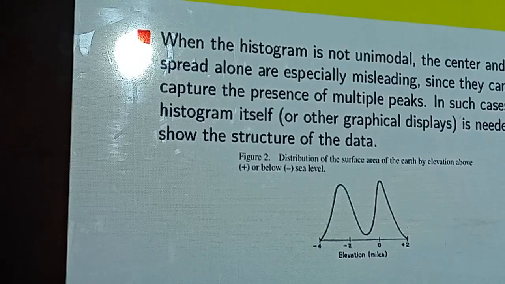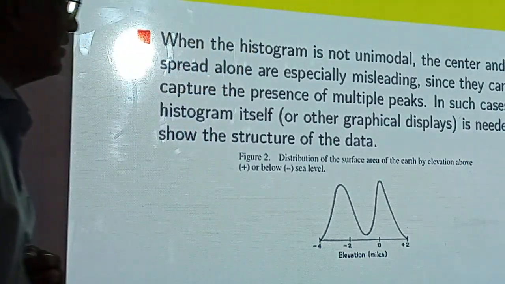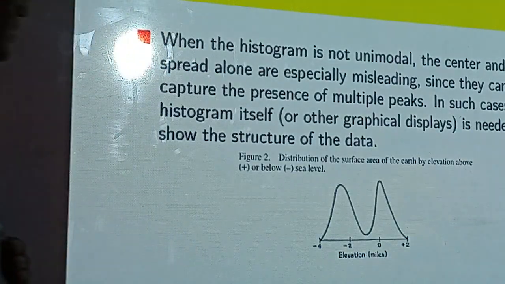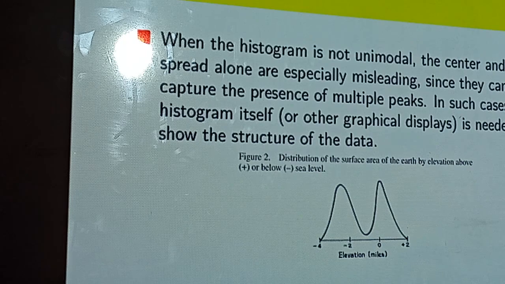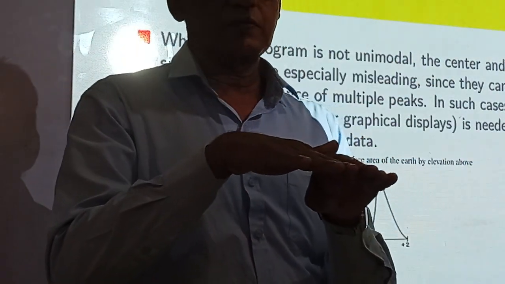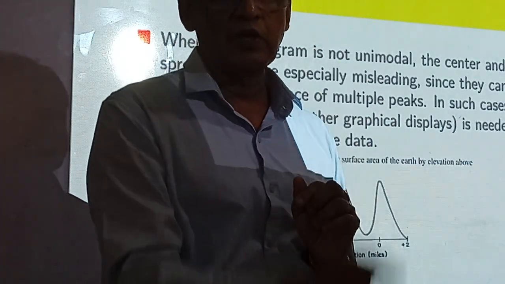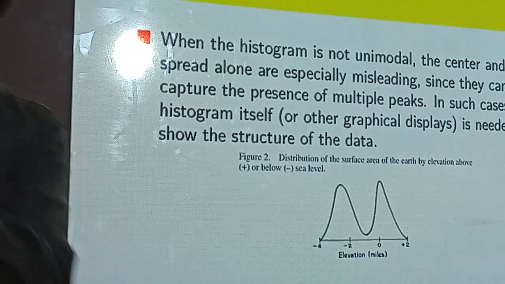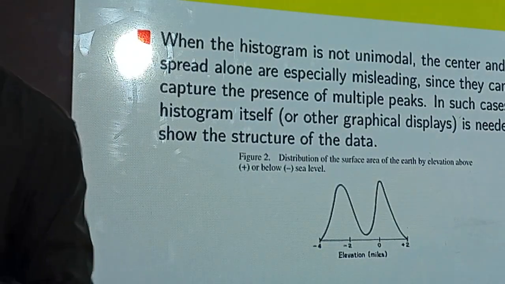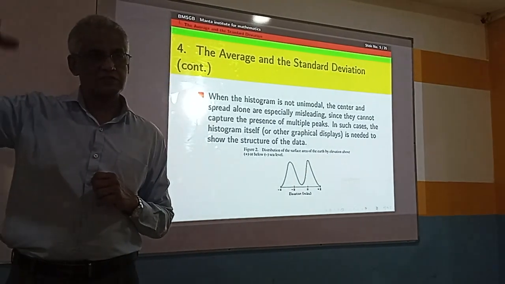If you consider the distribution of surface area of Earth by elevation, if you consider a small area, there is a certain elevation. So for that area, there is one value for the elevation. Another area, there is an elevation for that. So if you consider the whole Earth, different surfaces have different elevations, right?